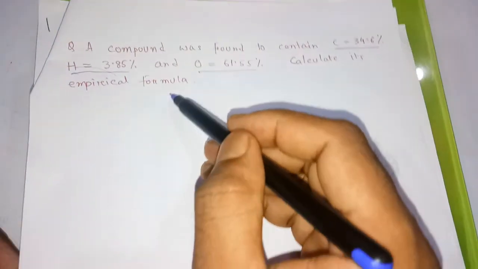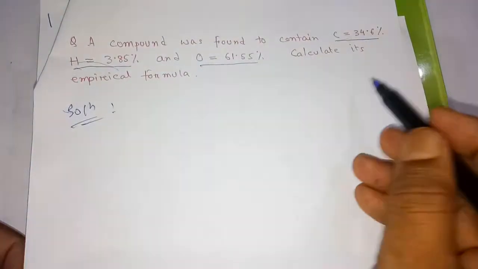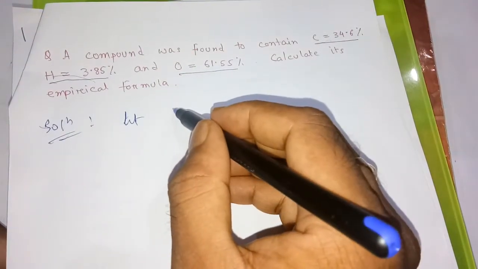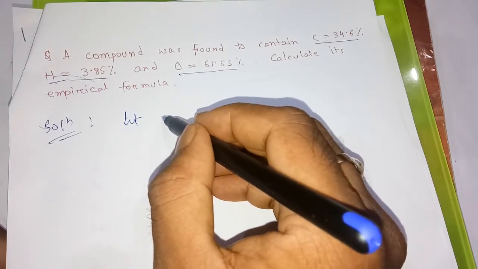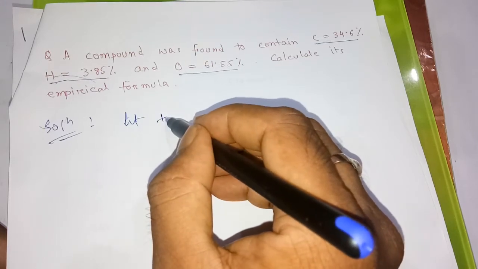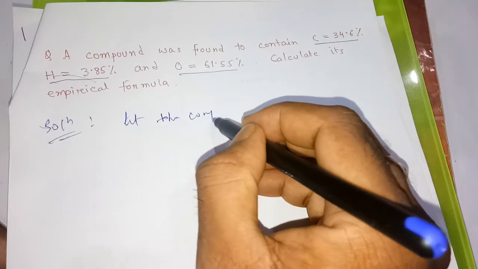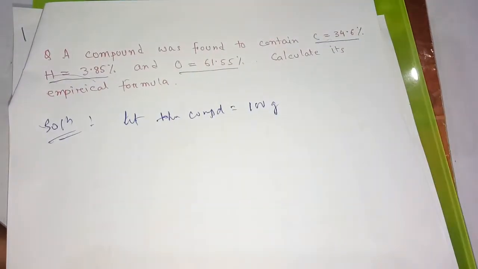Calculate its empirical formula. So it is a problem and percentage is given. Let the compound weigh 100 gram. Initially you consider the compound weighs 100 gram.